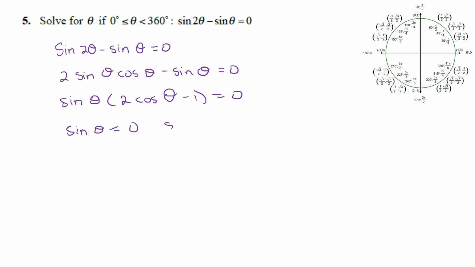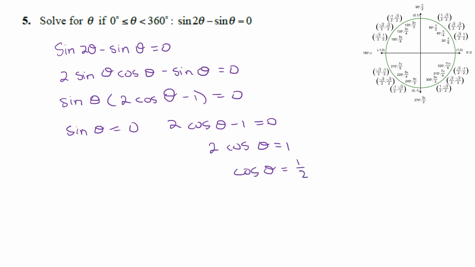So I have sine theta equals 0. And then over here, 2 cosine theta minus 1 equals 0, and I'll need to get cosine theta by itself, which will be cosine equals 1/2.